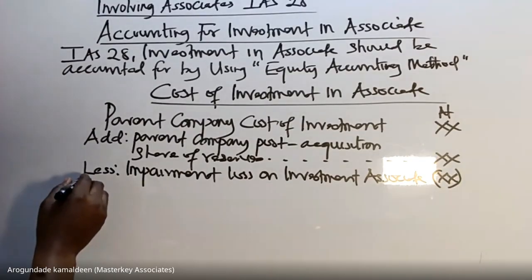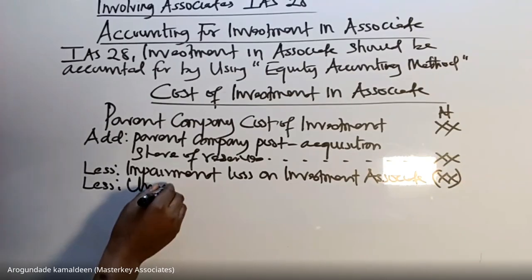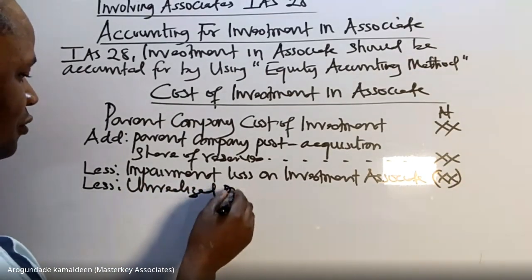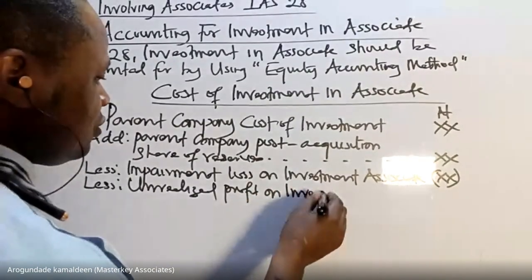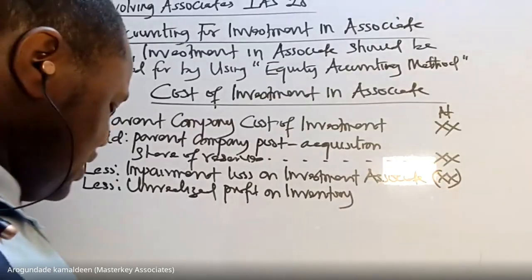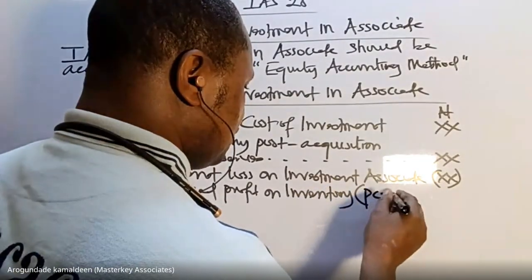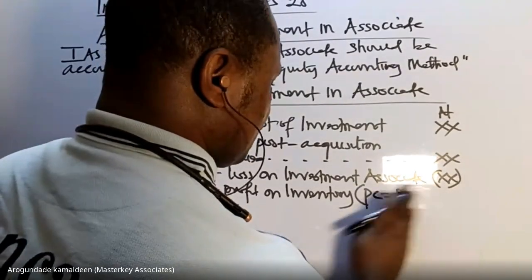Next, less unrealized profits on inventory. In this case, if the parent company is the seller.